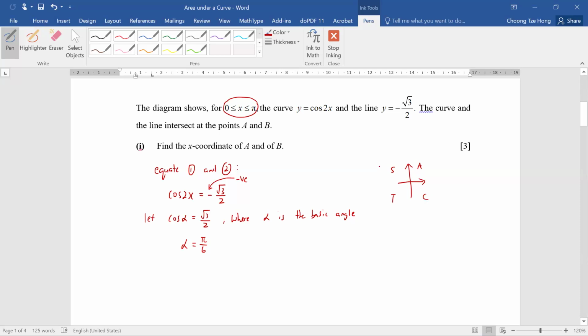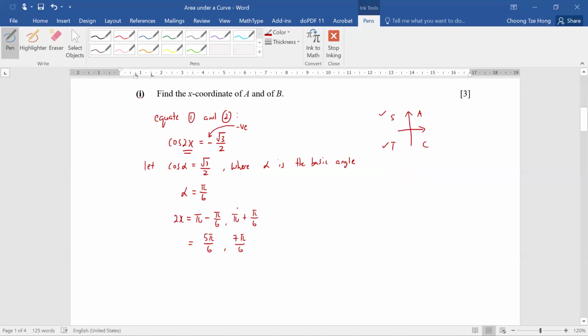So we are going for the second and third quadrants. Remember the angle that we are finding now is 2x, so 2x will be, in the second quadrant, pi minus the basic angle, and in the third quadrant, pi plus the basic angle. From here, we get 5 pi over 6, and here we get 7 pi over 6.